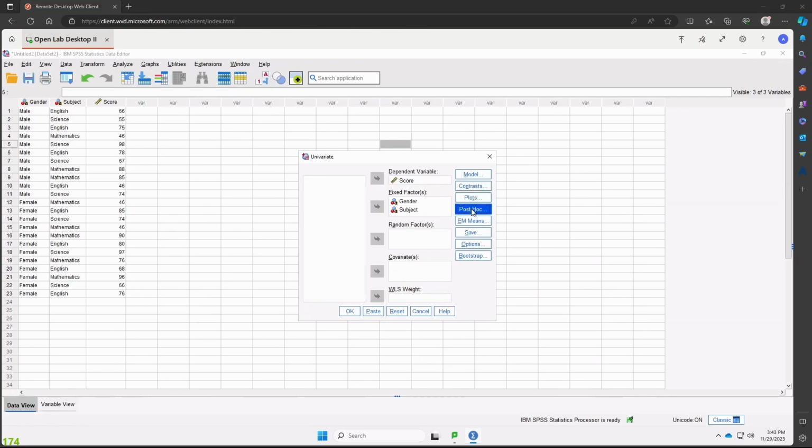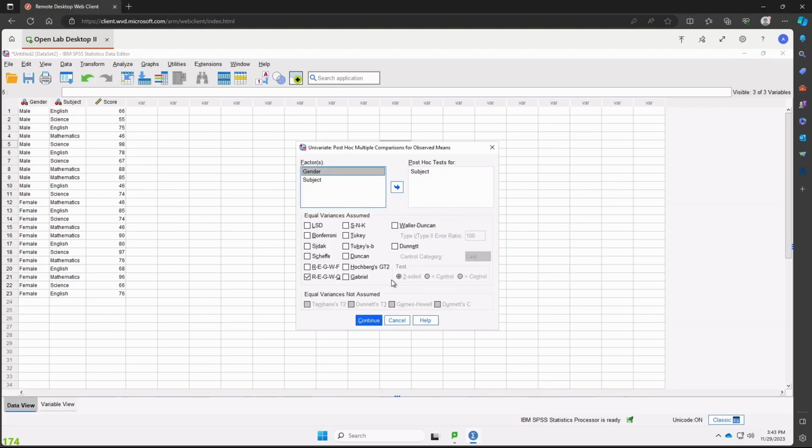Now for the post hoc test, in this example, it won't work for gender because it has only two levels, male and female.